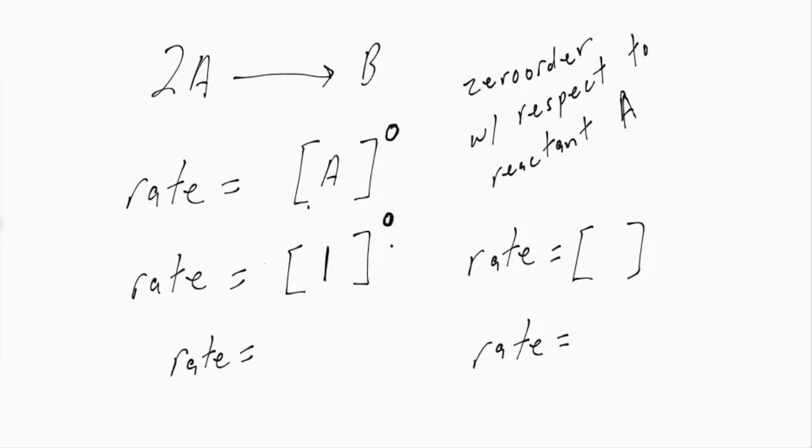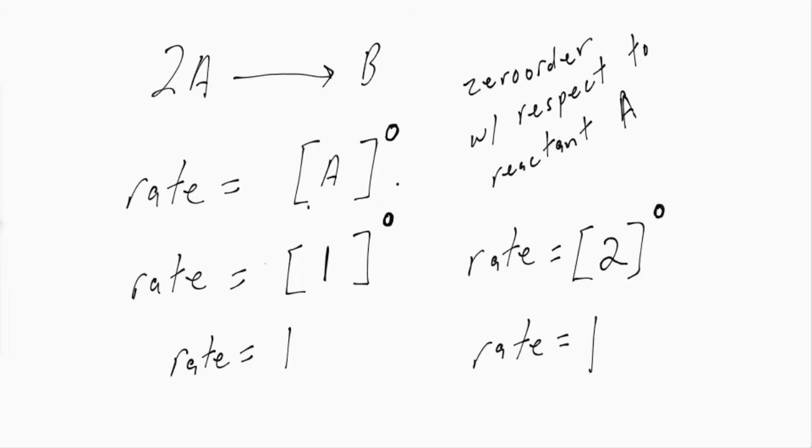1 to the 0 power is 1. So there's the rate. Now over here we're going to double the concentration of A. Well, let's put that to the 0 power. Well, 2 to the 0 power is 1.